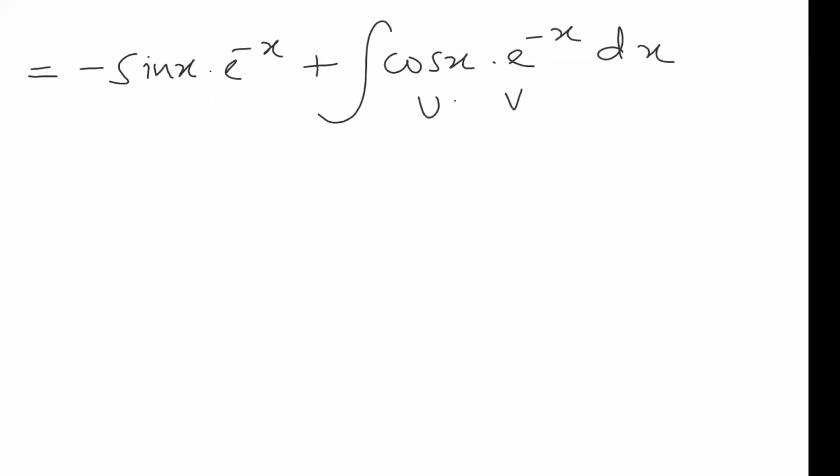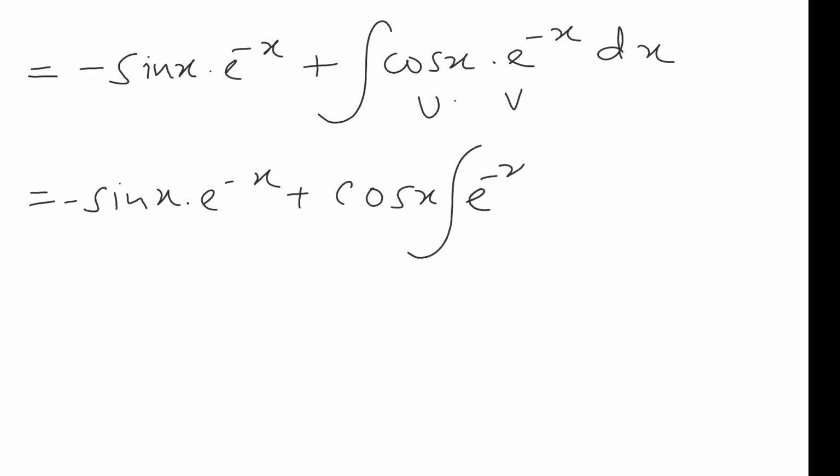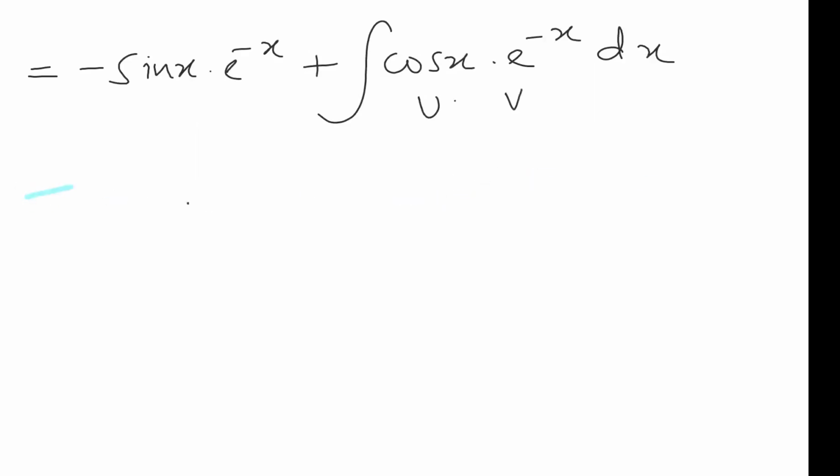Again, this is u and this is v. Apply the same formula, the integration by parts formula. Okay. So we need not put a bracket over here because there is a plus sign. We can just apply the formula u integration of v dx minus bigger integration. Okay, I'll not get space over here. I'll just write it once again.